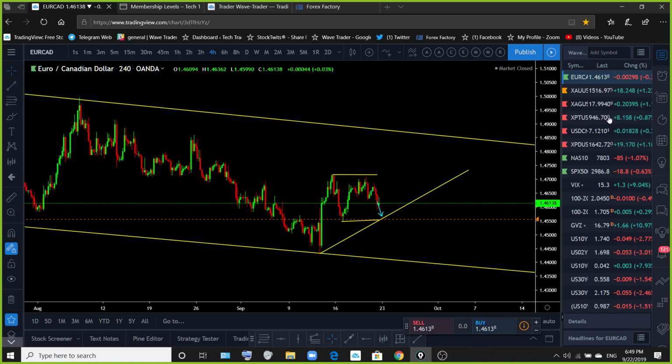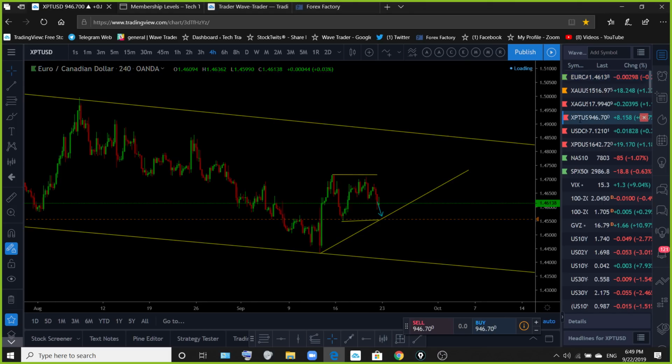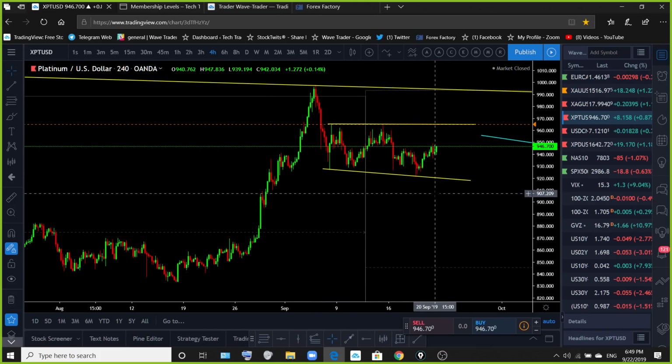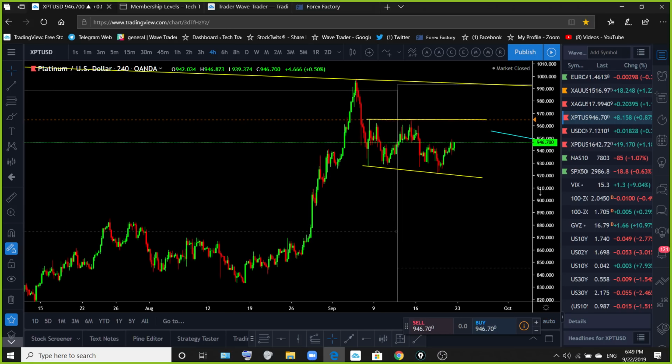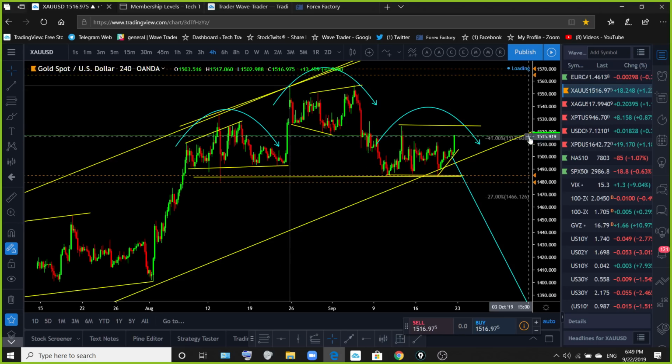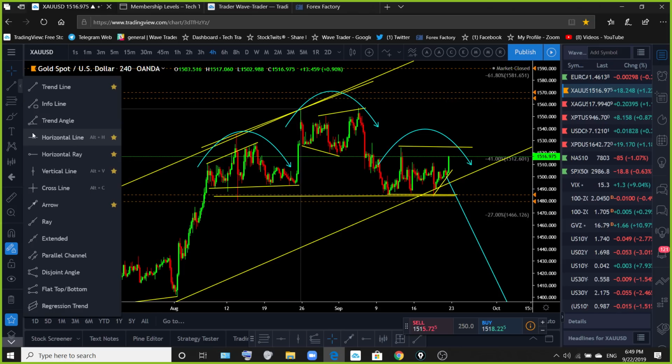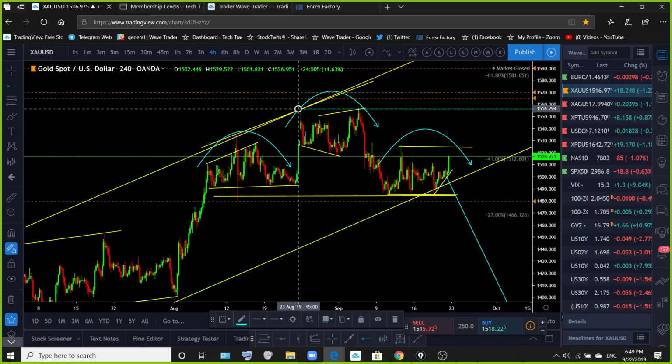And on the platinum chart I have just posted, as long as gold holds below this head, below this top, you are looking for it to go down. As long as gold holds below that top at 1560, you're looking for gold to reverse.